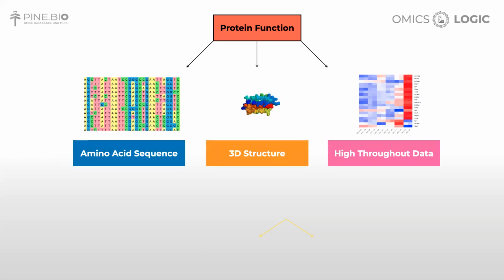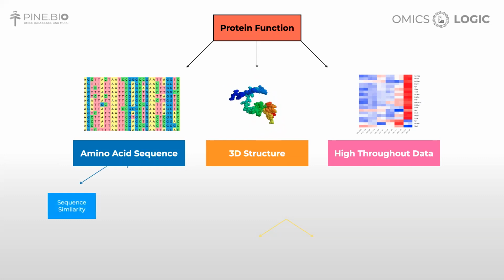We can also look at 3D structures of proteins and infer from the 3D structure what it might do or what proteins it might interact with. And another approach is to look at high throughput data. For example, gene expression would be called high throughput data, or if we analyze molecule efficacy on different cell lines, that would be another example of high throughput data.